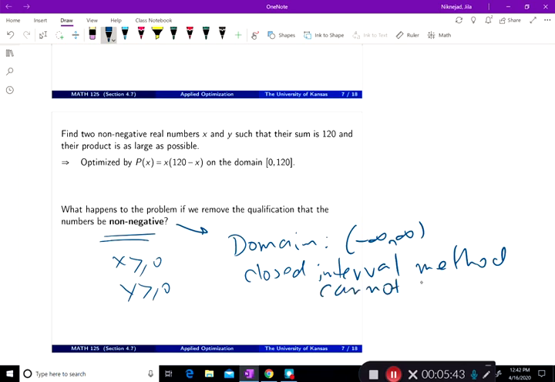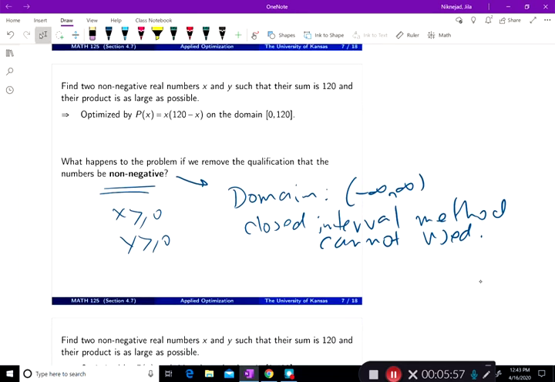And so what do we do? The best way, because you already have the derivative, is to actually use the first derivative test. So derivative was P prime of x equal to 120 minus 2x. So first derivative test, P prime at 60, and before 60, you get a positive value.